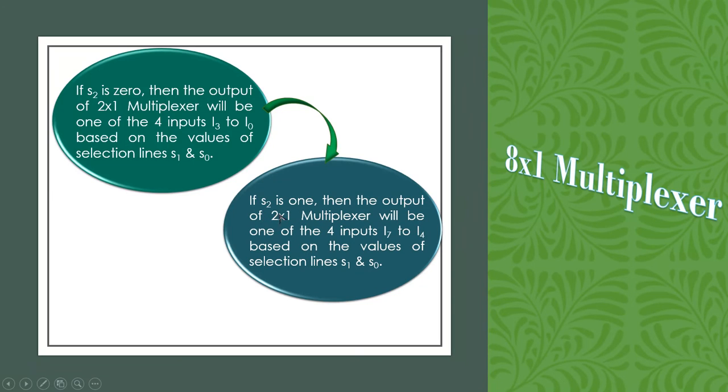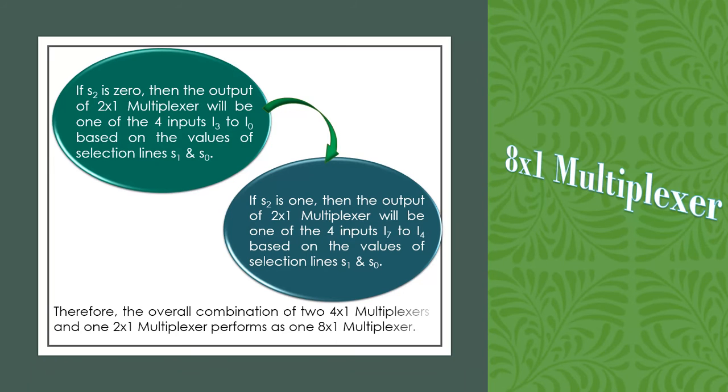If S2 is 1, then the output of the 2 into 1 multiplexer will be one of the 4 inputs I7 to I4 based on the values of the selection lines S1 and S0.